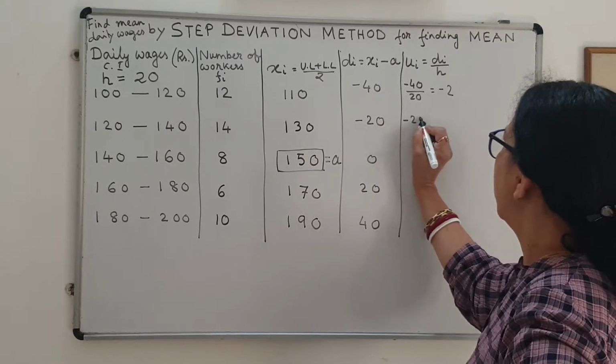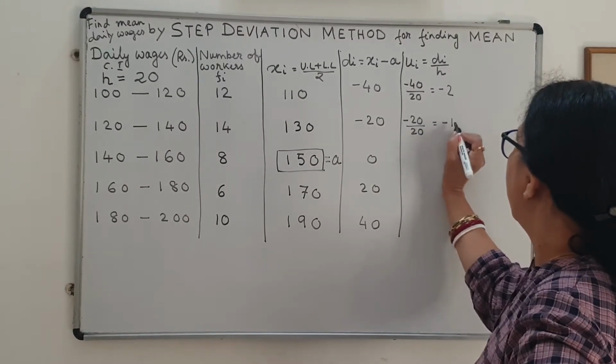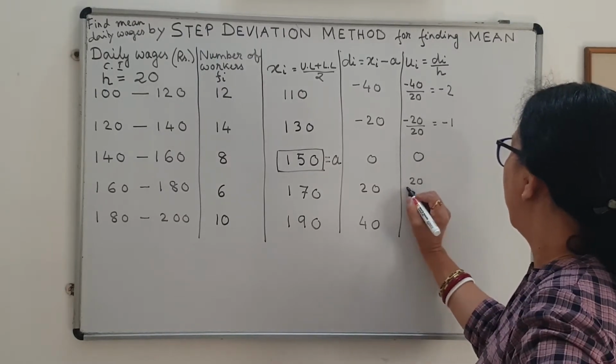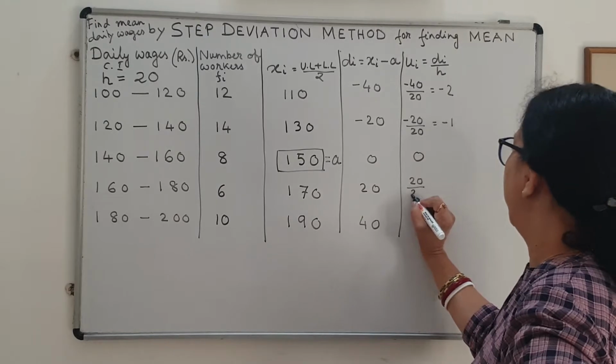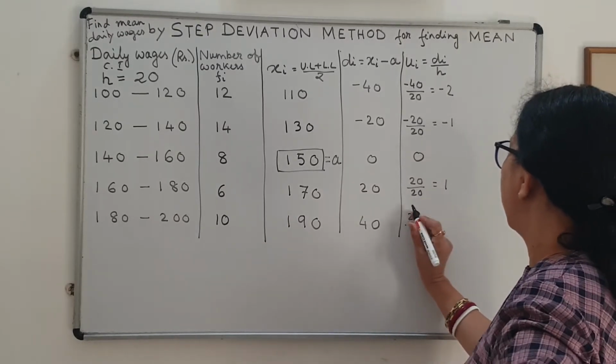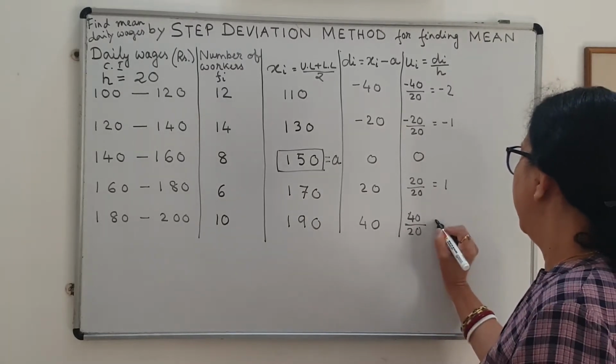This will be minus 20 by 20, that is minus 1, and that will be 0. And this is 20 by 20, that is plus 1, and then 40 by 20 is 2.